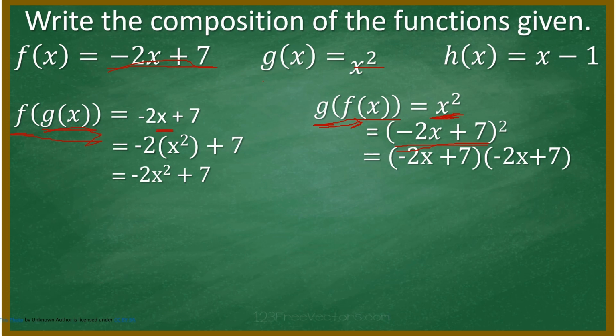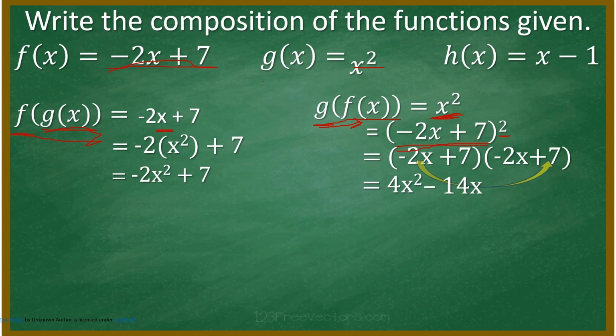Now we need to simplify this. So we write negative 2x plus 7 down twice because it's squared, so we know we have to multiply it times itself. Make sure when you do that, you multiply every term in the first parentheses times every term in the second parentheses. So negative 2x times negative 2x gives us 4x squared.